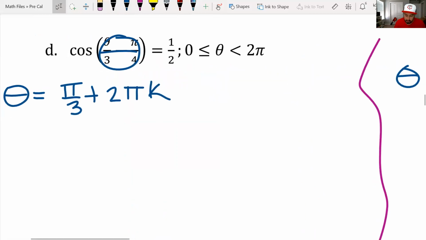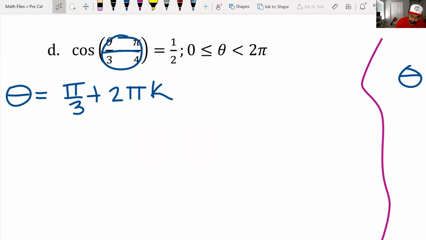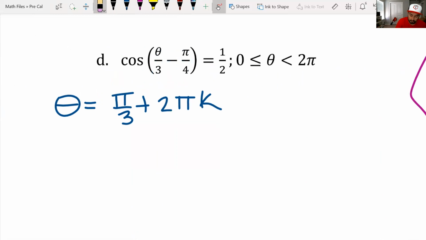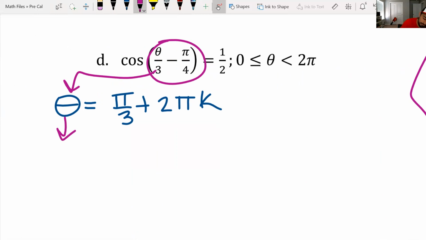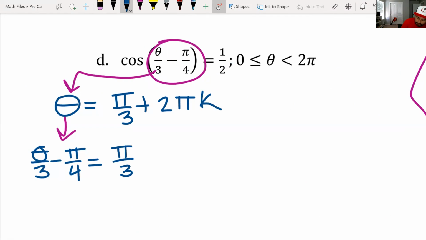But remember, it wasn't theta, it was theta over 3 minus pi over 4. So that goes in for theta. So that becomes theta over 3 minus pi over 4 equal to pi over 3 plus 2 pi k.